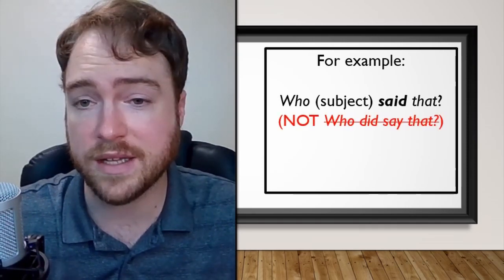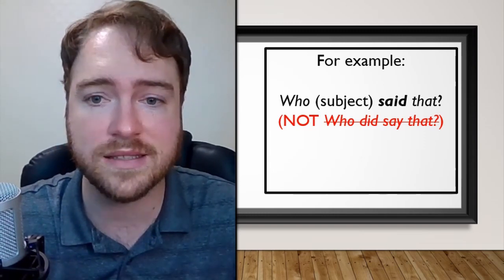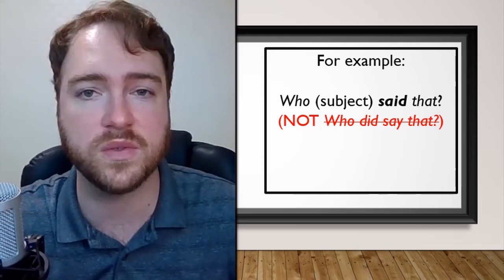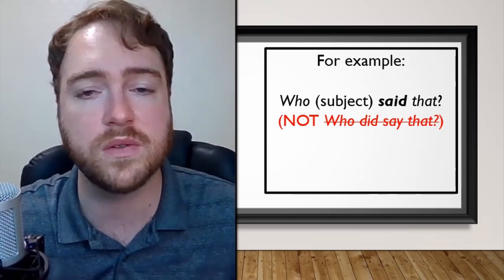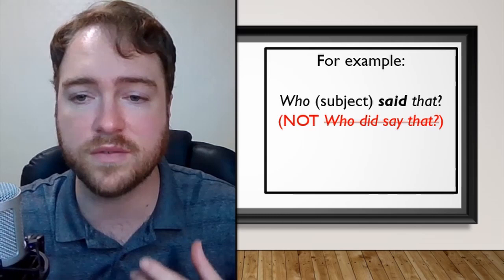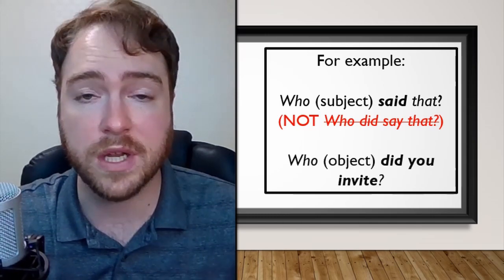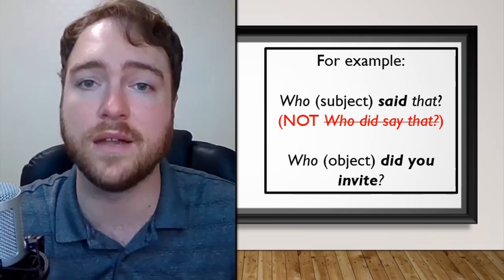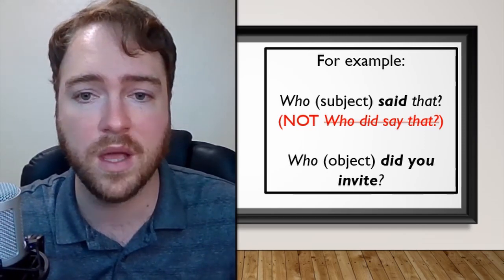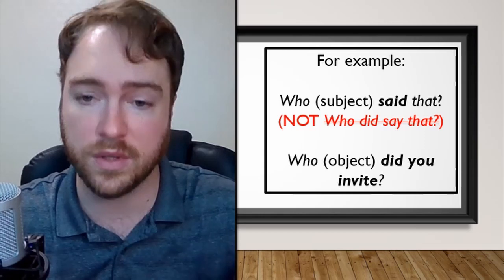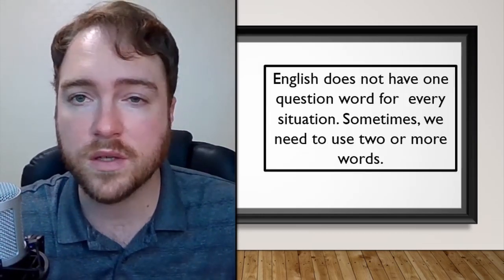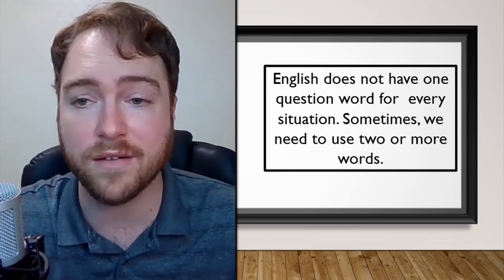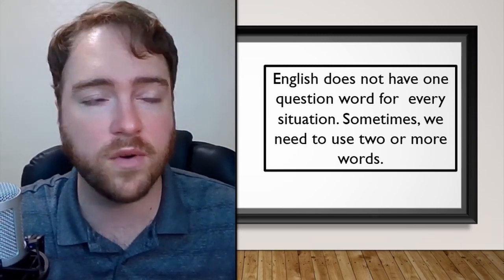Who is the subject here, so we cannot say who did say that. Okay, we can't use the word do. So we must use just the past tense form of say. Okay, but here, when who is the object, we can use the word did. Who did you invite?